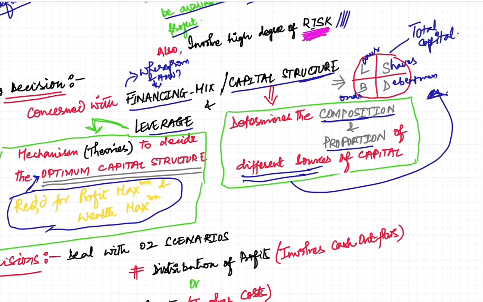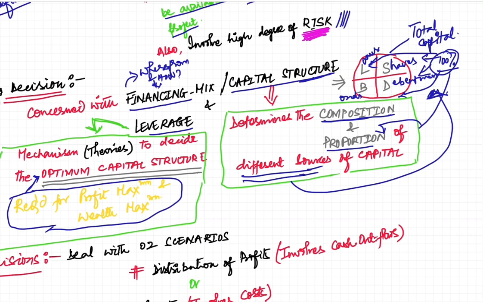To put it simply, capital structure determines the composition, whether you need to have all the four types of capital, or proportion, how much should be each. Say for example, out of 100%, how much you're talking about shares, how much you're talking about debentures, how much you're talking about loans, how much you're talking about bonds. So this is what we call proportion.